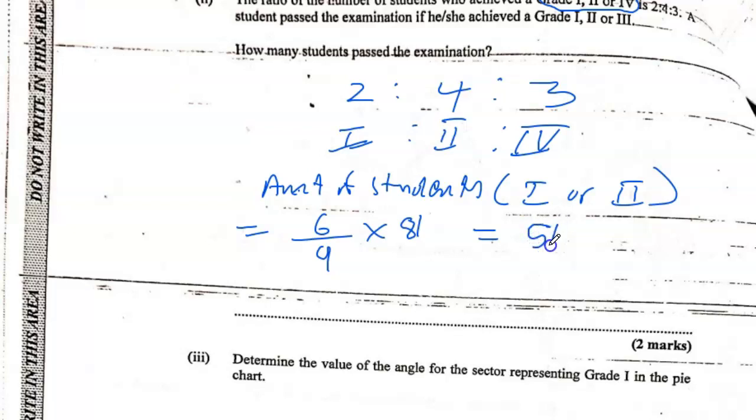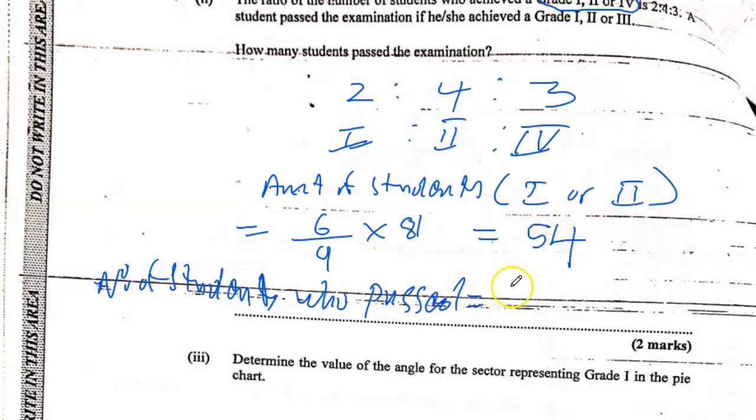So 54 students got grade 1 or 2. So the number of students who passed would be those who get grade 1, 2, or 3.